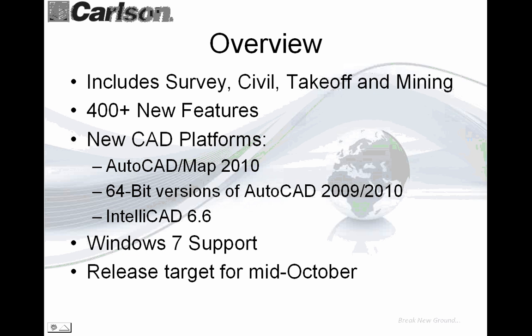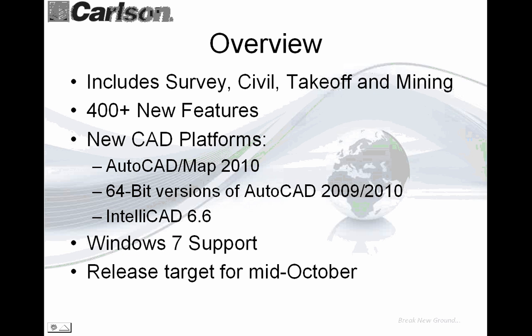Just to clarify, you can still run a 32-bit application on a 64-bit computer. What this changes is allowing you to run Carlson within the 64-bit version of AutoCAD, which gives you a lot more memory access. We also have a new upgraded IntelliCAD engine to 6.6.